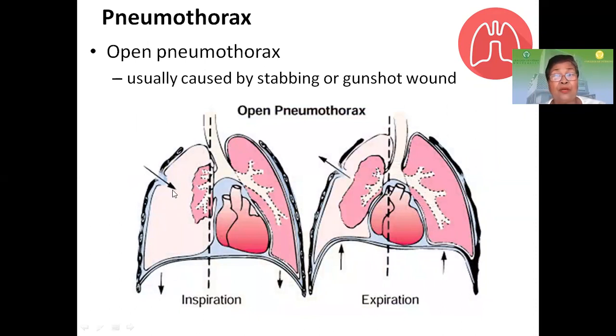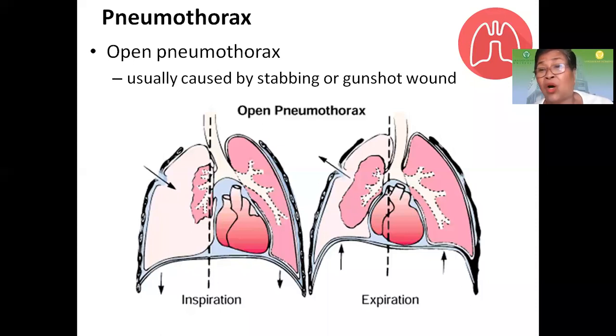This is what happens during open pneumothorax, during inhalation and during exhalation. So during inhalation, diba, the diaphragm goes down and then air will enter the pleural cavity. So there's now positive intrapleural pressure. As a result, the mediastinal structure shifted to the unaffected side.